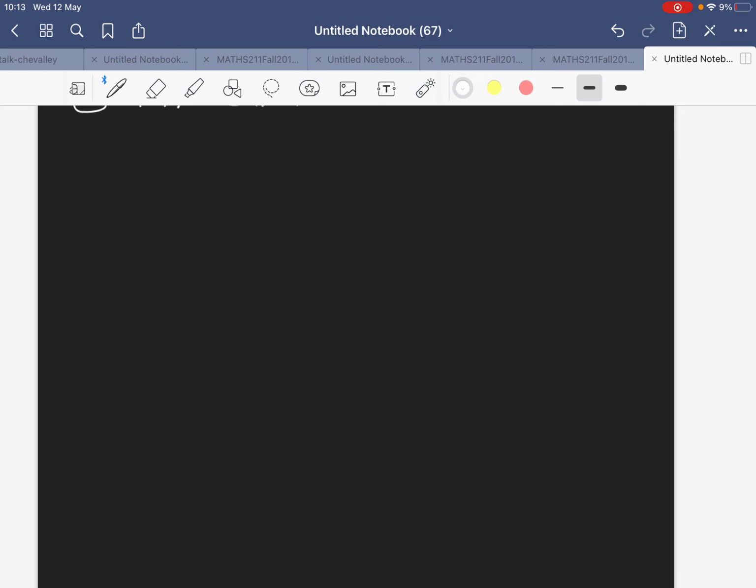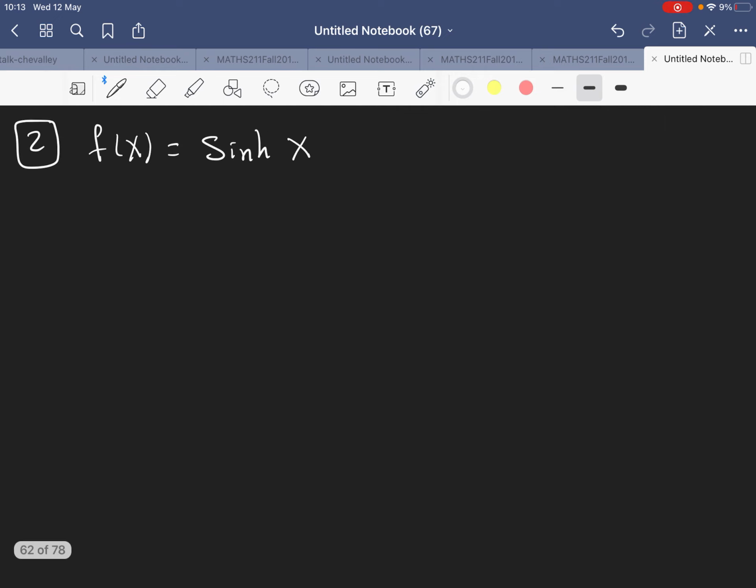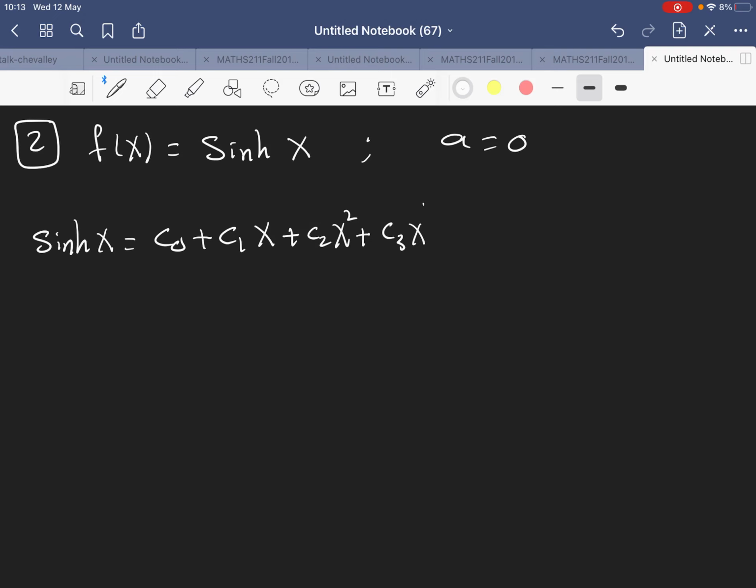Okay, sinh. Let's see the sinh, and of course here the center is a equal to 0. Again, what I do is I will write sinh x equal c0 plus c1 x. It should be x minus a, but a is 0, so I will just write x plus c2 x squared plus c3 x^3, c4 x^4, and so on.